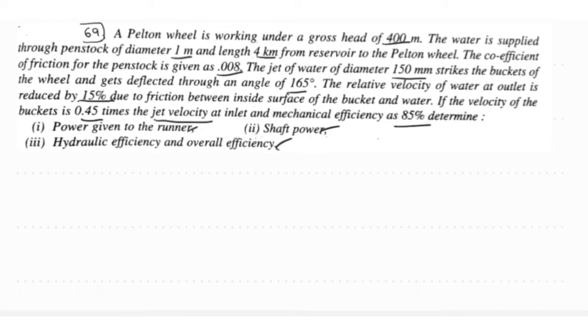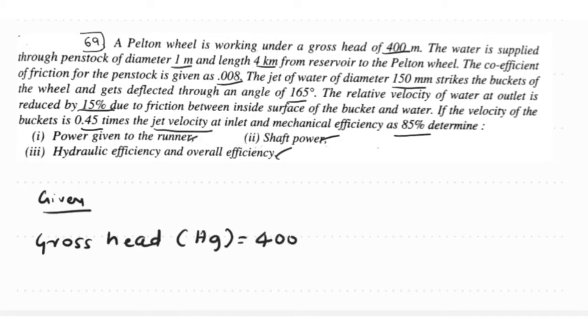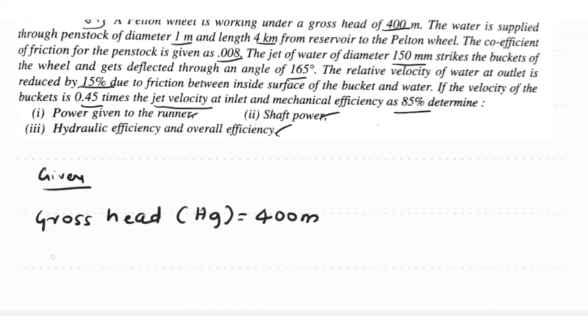So let us write down the given data. At the beginning, gross head is given, 400 meter, and water is supplied through penstock of diameter. So diameter of penstock is given.